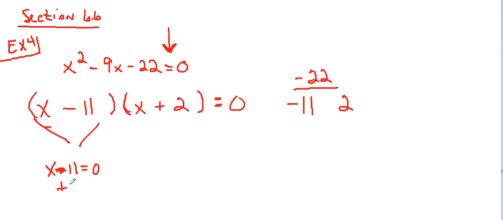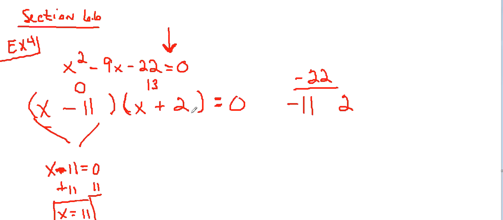That just means I'm going to add 11 to both sides, right? So x equals 11. So when x equals 11, I would have 11 minus 11, which is 0, and then 0 times 11 plus 2. 11 plus 2 is 13. So 0 times 13 is 0. So this makes one of my solutions for x being 11.